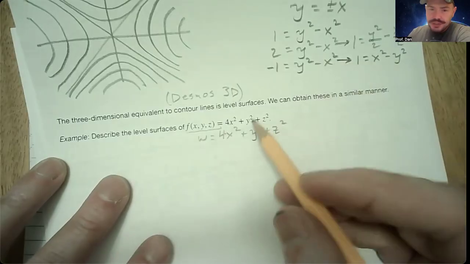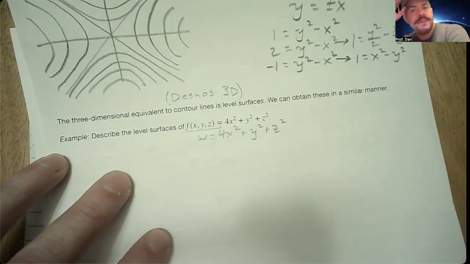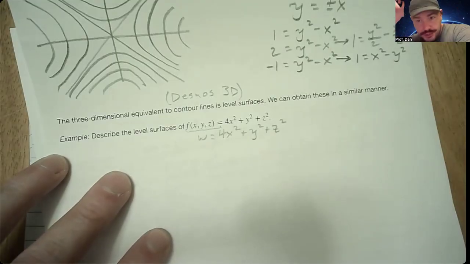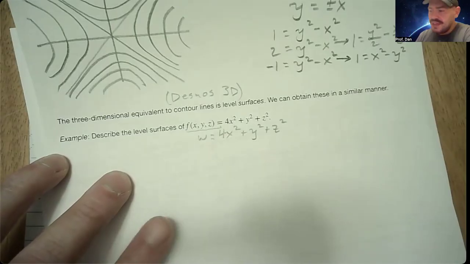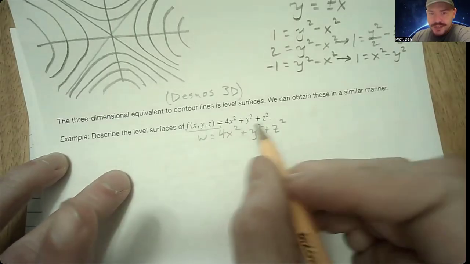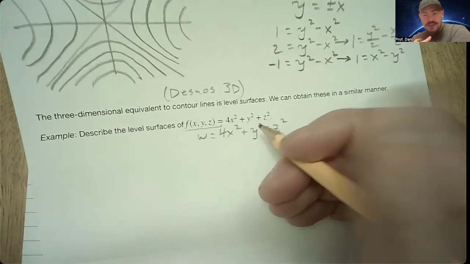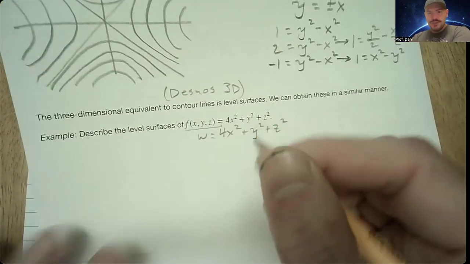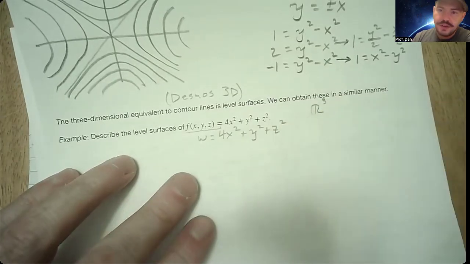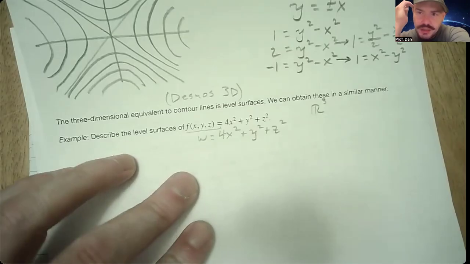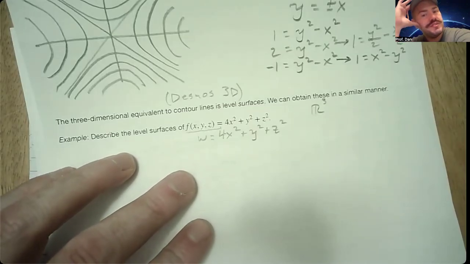And another thing I want you to think about is what would the range of w be? The range of this function. Well, keep in mind, you can plug any value you want in for x, y, and z. The domain for this function would be R3, every point in three-dimensional space.